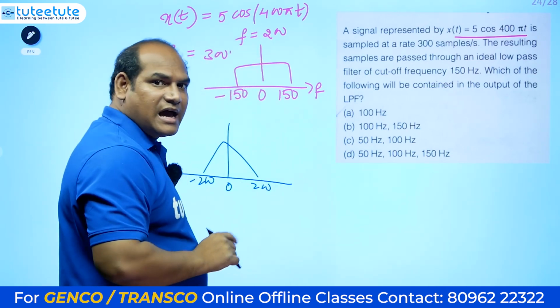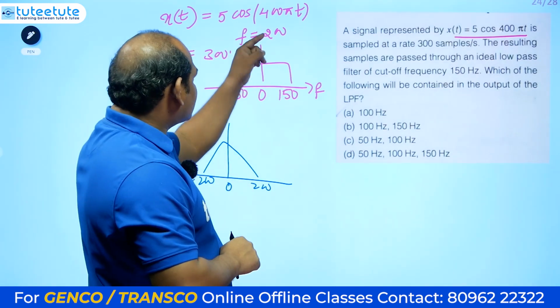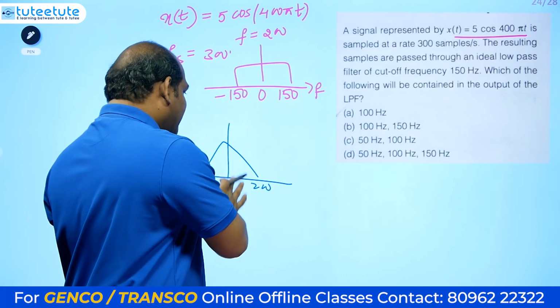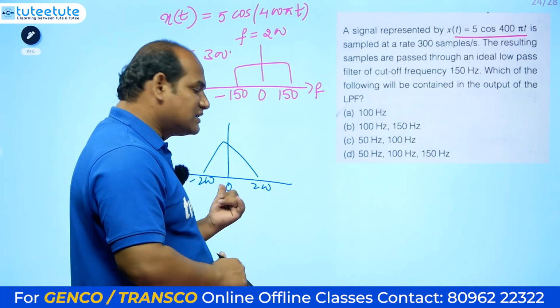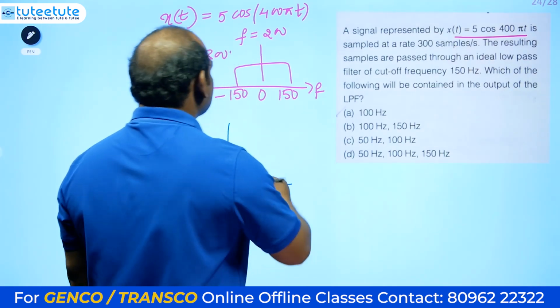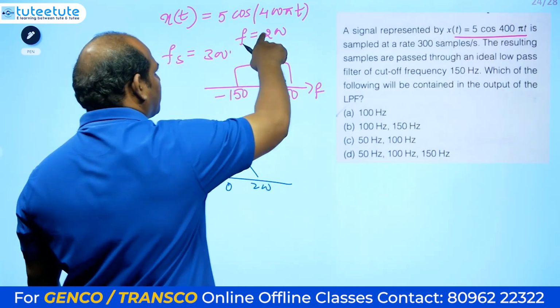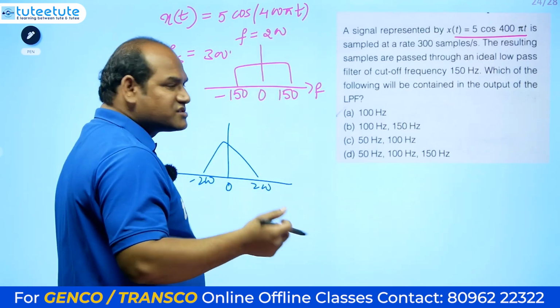Don't think that I am drawing this triangle as the frequency spectrum of the cos function. It is not like that. In the sampling theorem we work with triangles only, as an even function we can take it. But the concept can be applied to any real signal like this cos function also, and here frequency is important, so we are taking frequency as 200 only, so there is no problem.